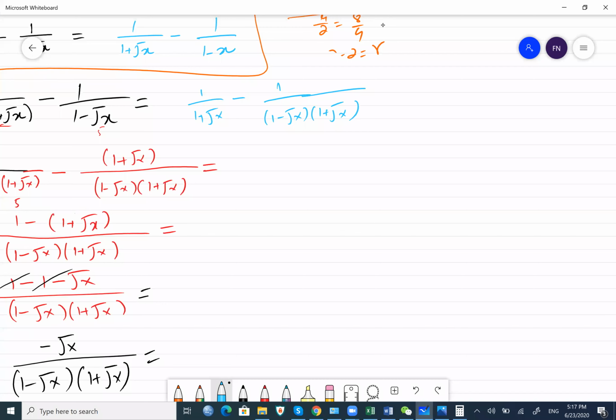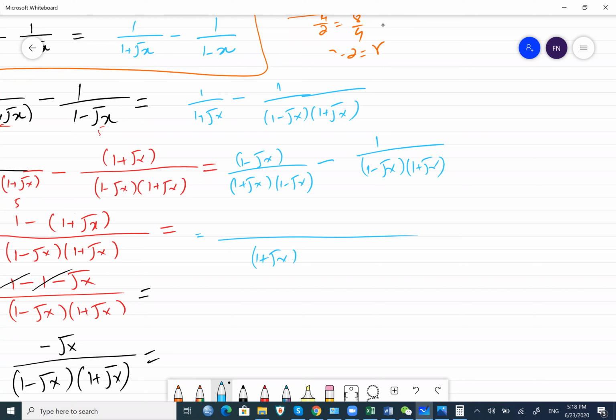And to make their denominator the same, I multiply here 1 minus square root of x, and this one would be the same. I am doing exactly the same thing, nothing changes. So the denominator is the same, like 3 times 5, and here it would be like this.